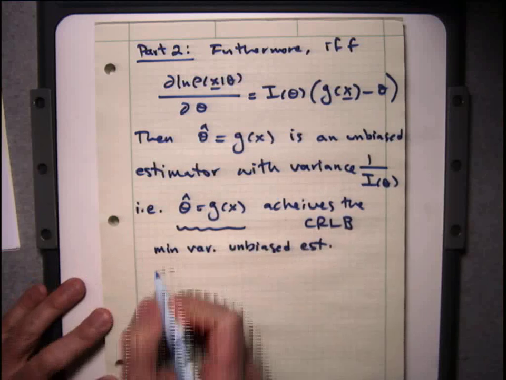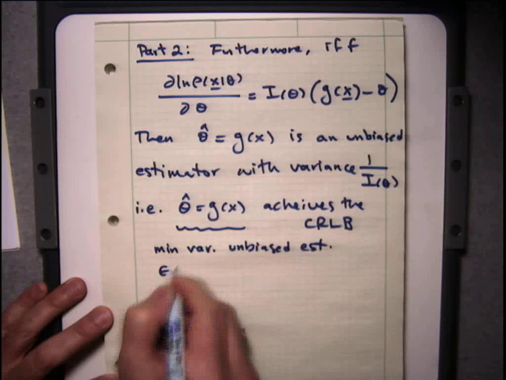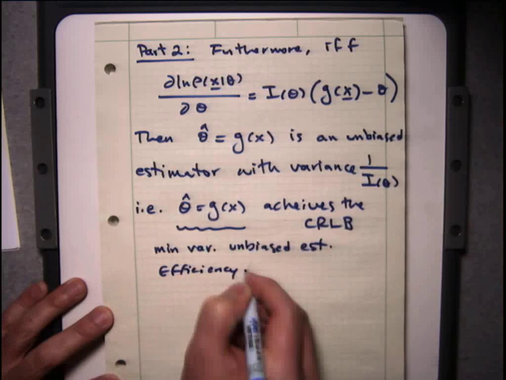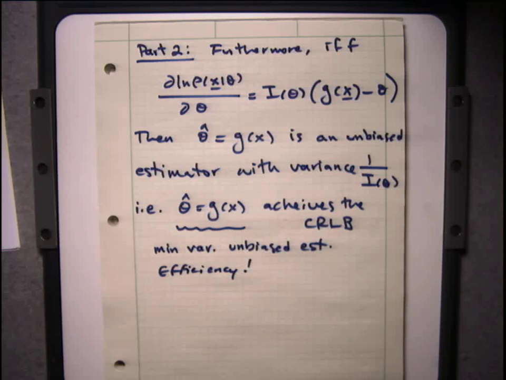And this idea is also called efficiency. So if you manage to come up with an estimator that in fact achieves the bound, then you have this concept of efficiency. Now, this is something that one has to be a little bit careful about. I'll say more about this later.